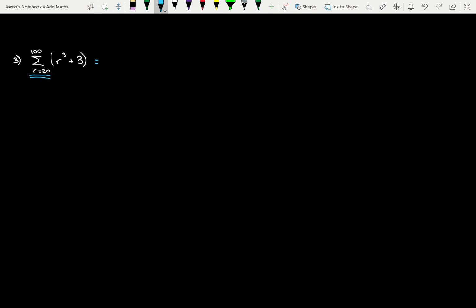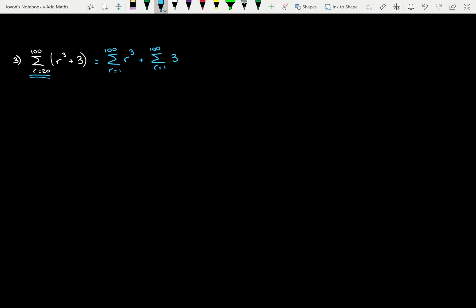So again, using this, we're going to find the sum from r is equal to 1 to 100 of r cubed. So we pretend like we're starting from 1, plus the sum from r is equal to 1 to 100 of 3.